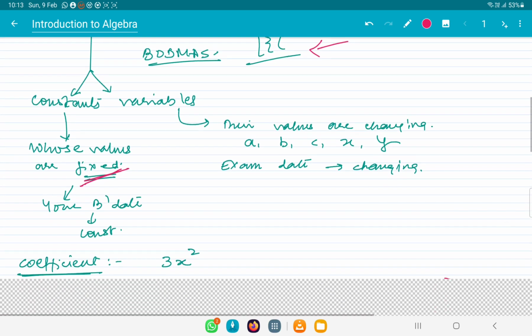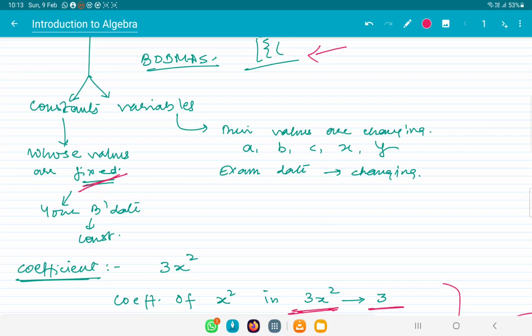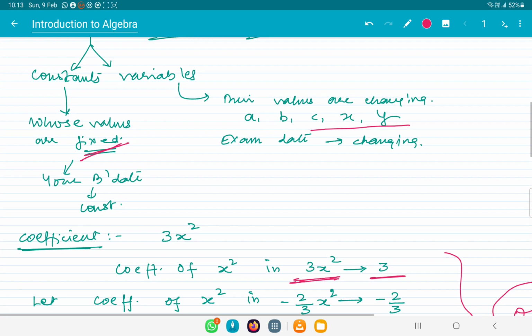And variables means its value is always changing. They come in the form of any alphabets, it can be a, b, x, y. If I say your exam date, your exam date is always changing, every year it is changing, so we can consider it as a variable.